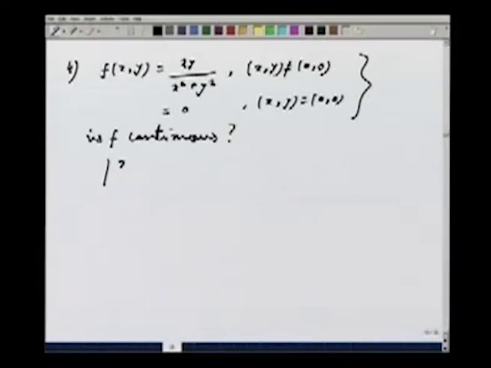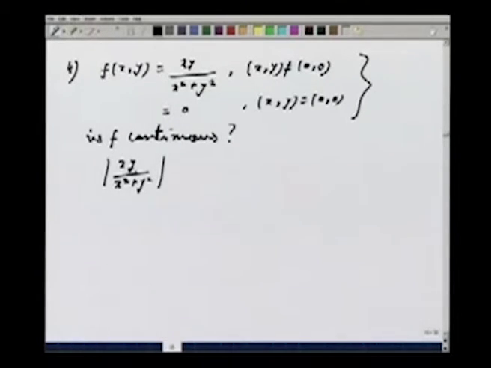Okay. So since I don't know, I will try to estimate xy by x square plus y square minus 0, in modulus. I want to make this less than epsilon for some choice of delta.